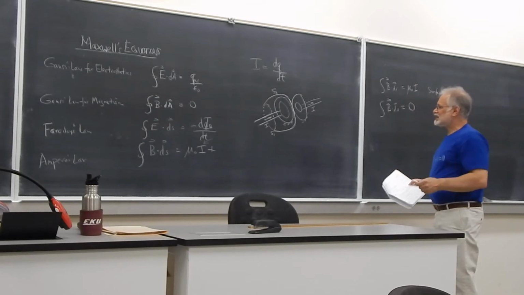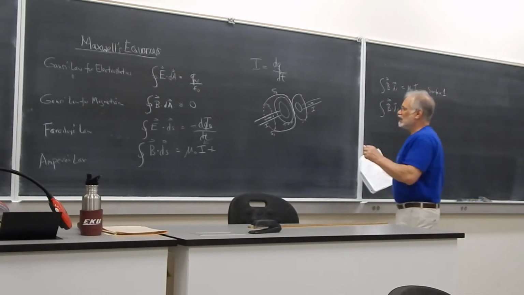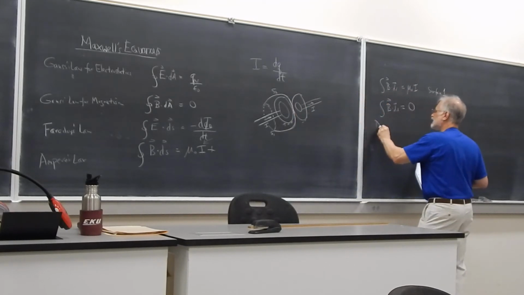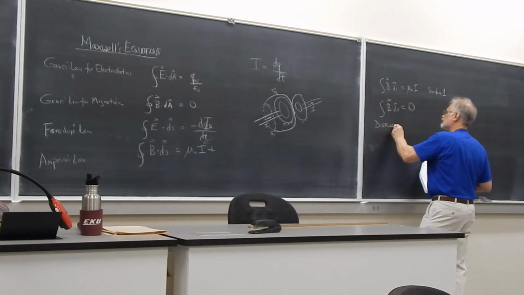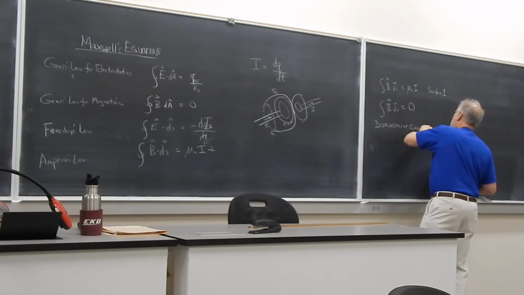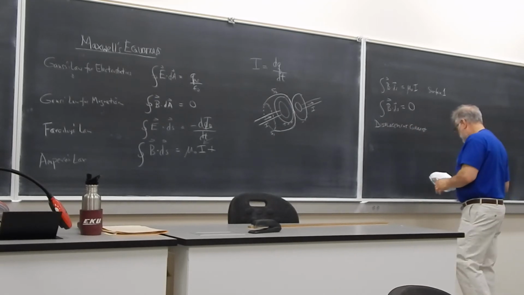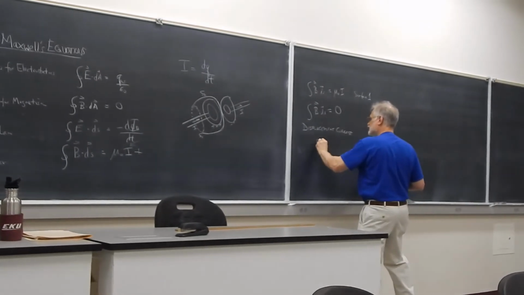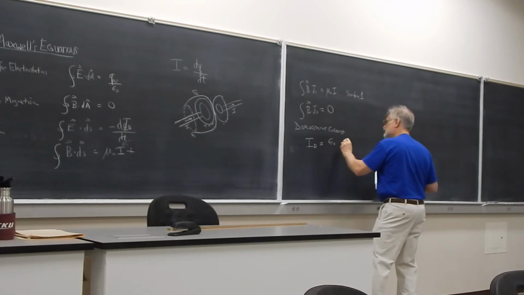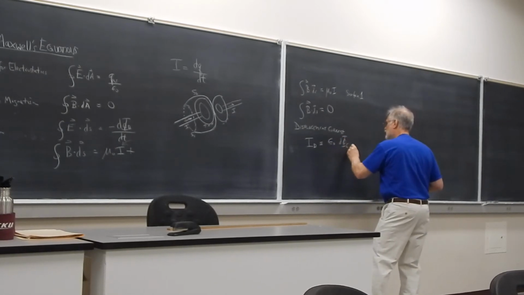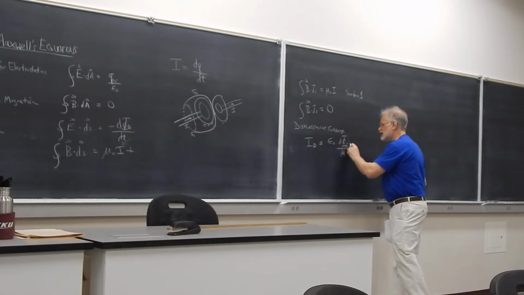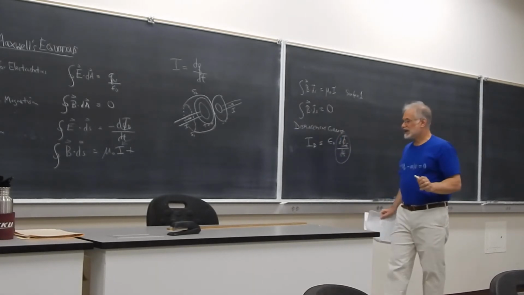Well, Maxwell postulates that maybe there's some other type of current that exists between the plates, and he calls that a displacement current. And that current would be proportional, in his mind, to a change in electric flux between the plates. And it would look like this, where epsilon naught is the familiar permittivity constant in free space, and this is the time rate of change of the electric flux.